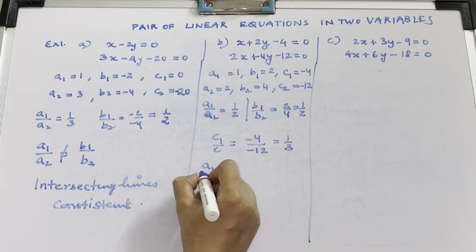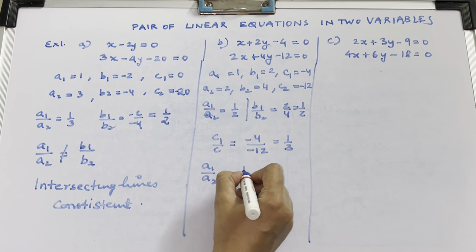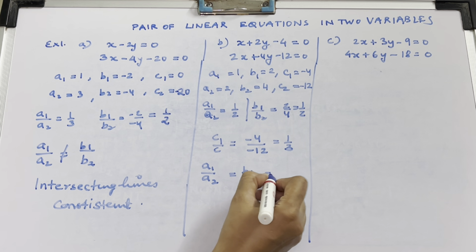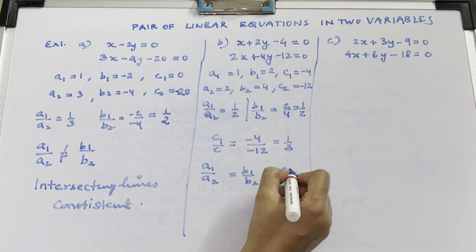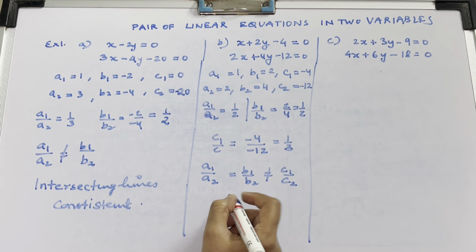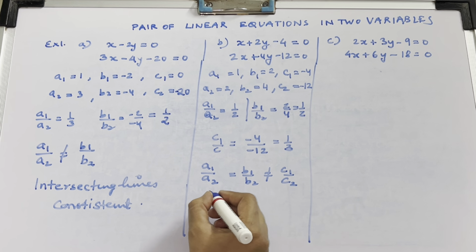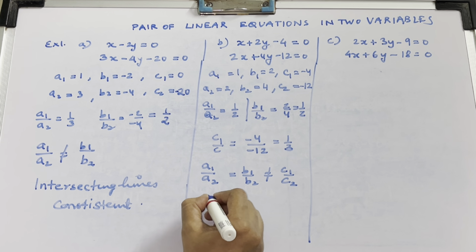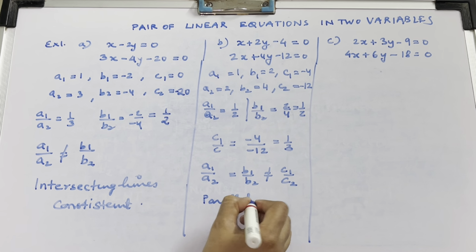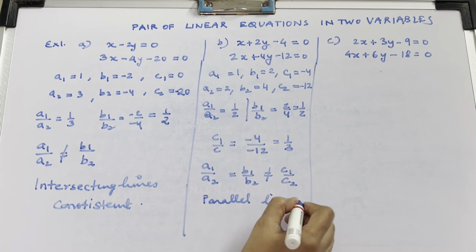Now here we get a1 upon a2 is equal to b1 upon b2 and is not equal to c1 upon c2. If you remember, this condition is satisfied when the lines are parallel. So these lines are parallel lines.